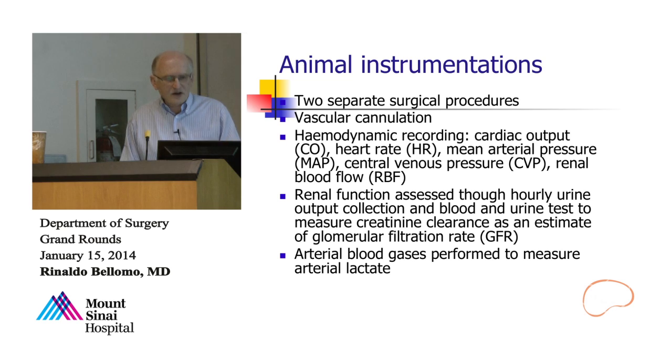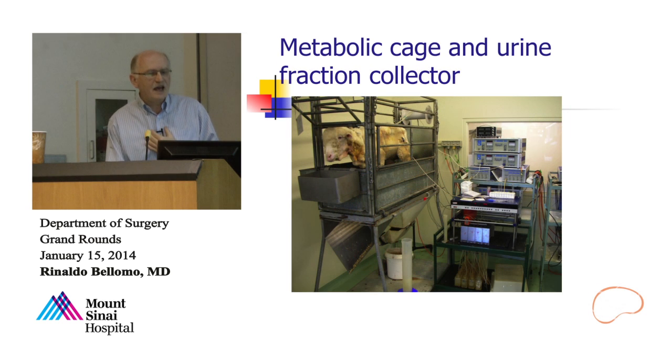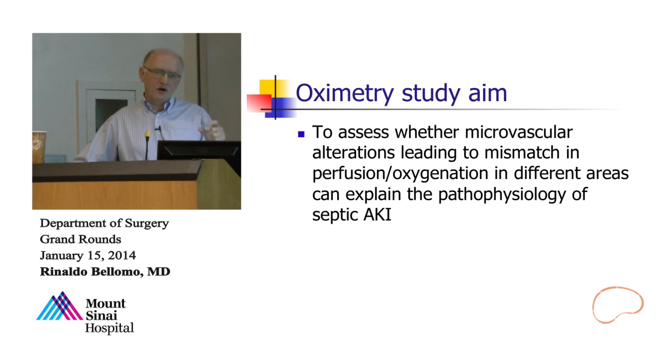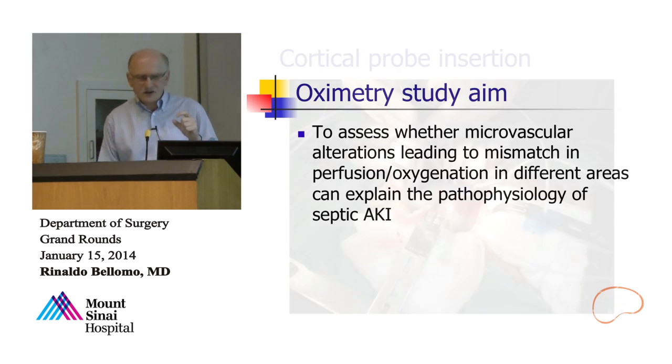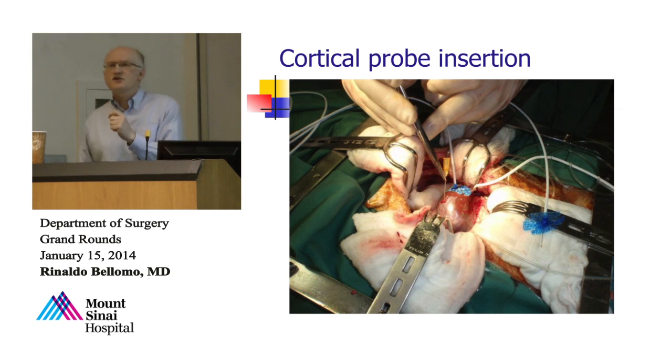We measured a variety of variables. Again, this is the flow probes being inserted. This is the sheep in our lab being measured. But this time, we wanted to look at microvascular flow. And you can do that by inserting specific probes that have got the ability to measure the laser signal in small, cubic areas of kidney, and they do laser Doppler measurement of flow.